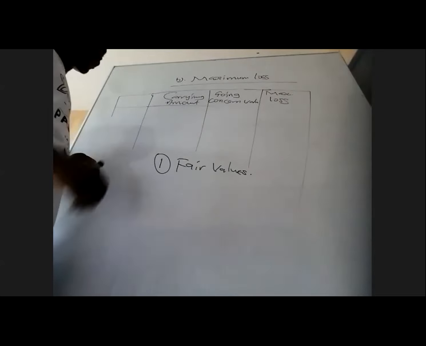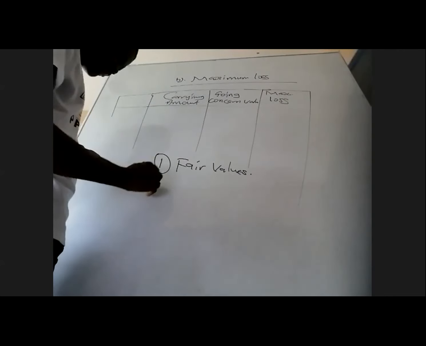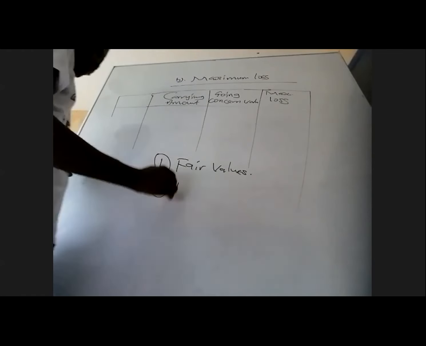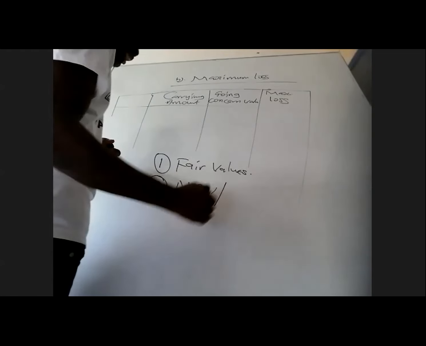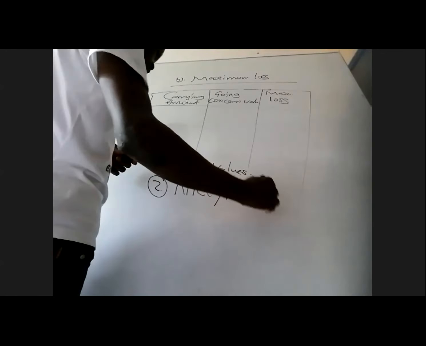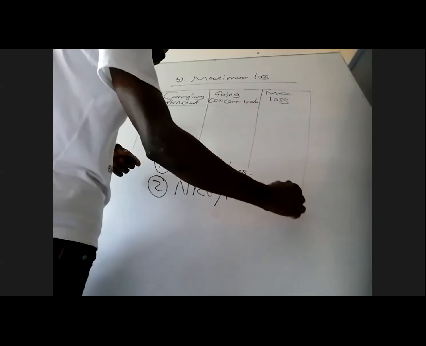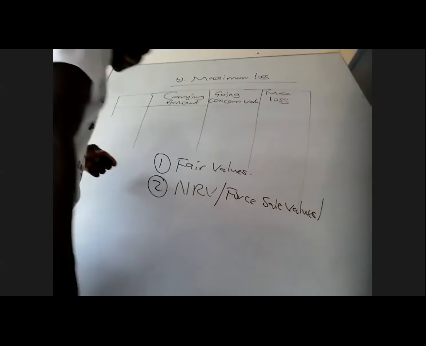Now, if you don't have the fair value, then second, you consider the NRV, or the for sale value, for sale values, which is the same as the liquidated value.